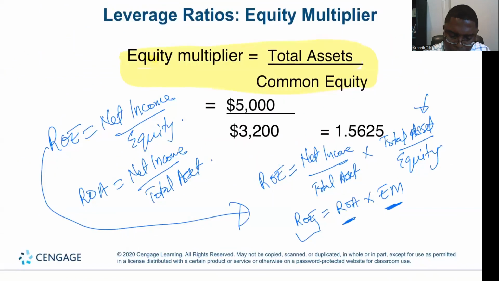All right. So if we now go to the statements, we will find that total asset is 5,000, common equity is 3,200. So that implies that our equity multiplier is going to be 1.5625.